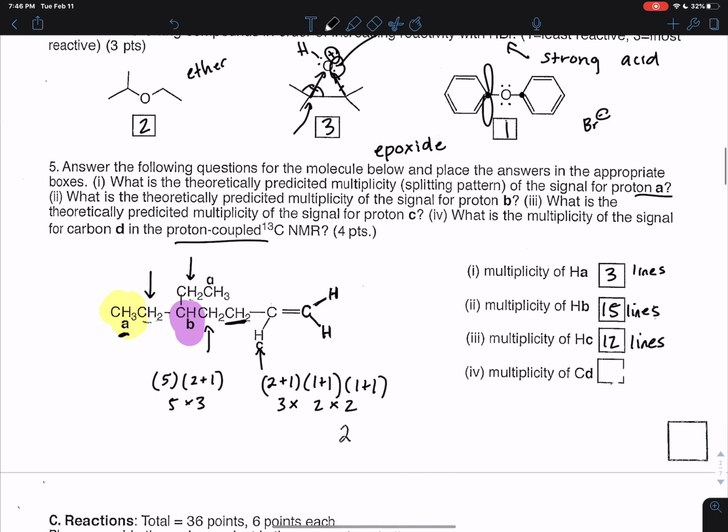So D, it looks like it's a little bit cut off. It's right there. Okay, so how many protons does that carbon have on it? 3, right? So we're going to do 3 plus 1. And that's going to give us 4. How do we feel?